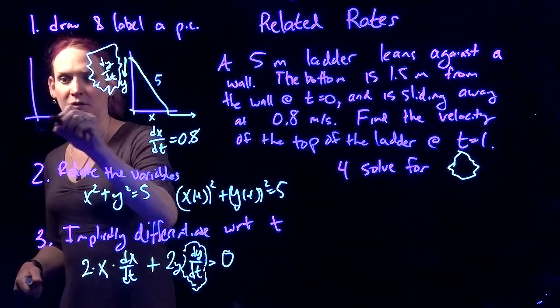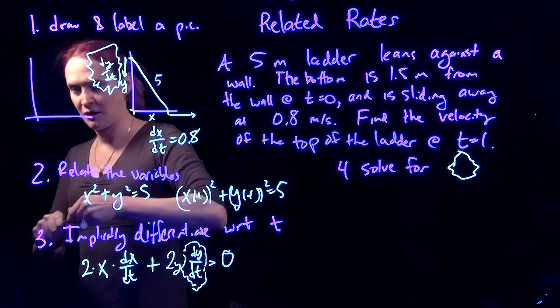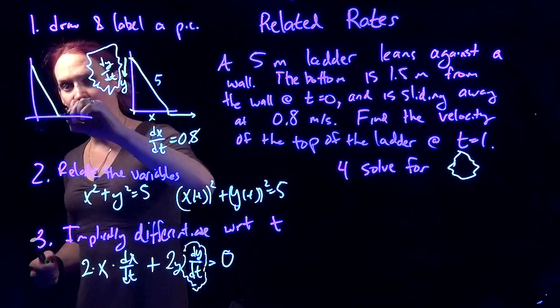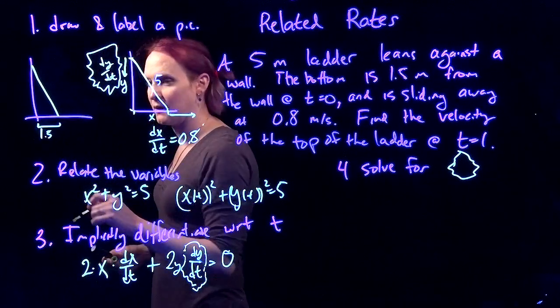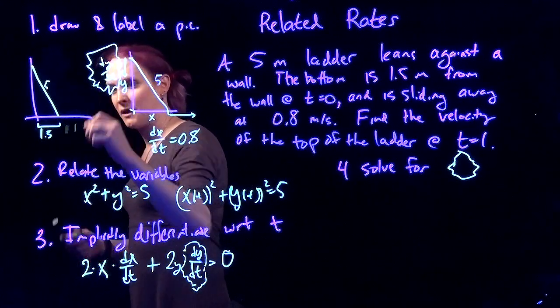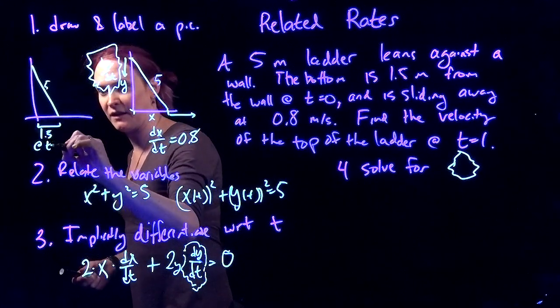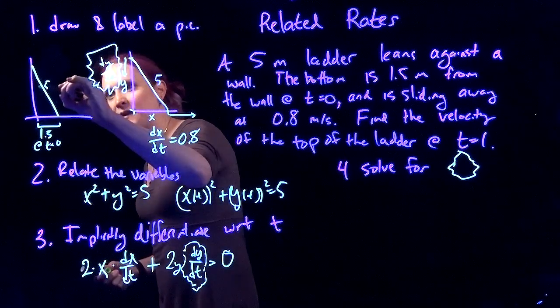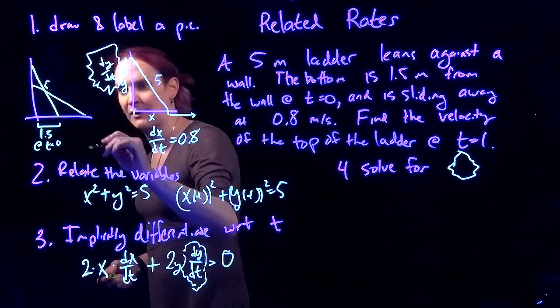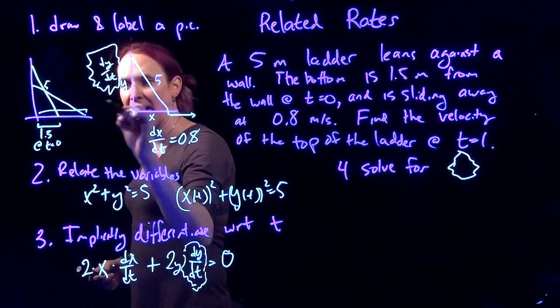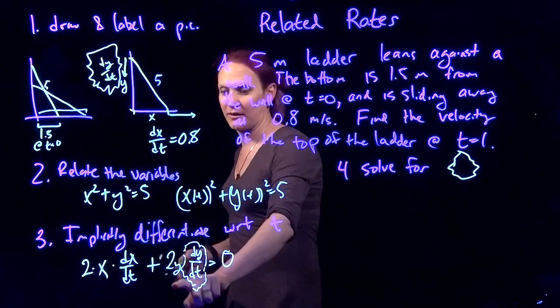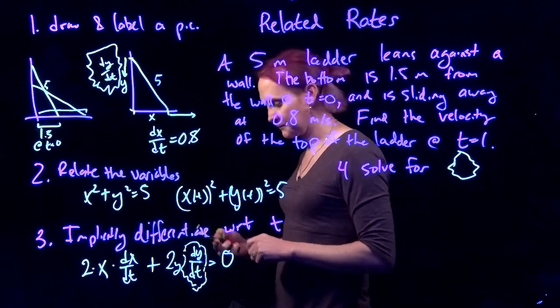Okay, so I started with this situation where that is 1.5. That's 5. And that's at t equals 0. Then at t equals 1, the ladder has slid down. I need to know what that distance is, because that's going to be the thing that tells me what y is.